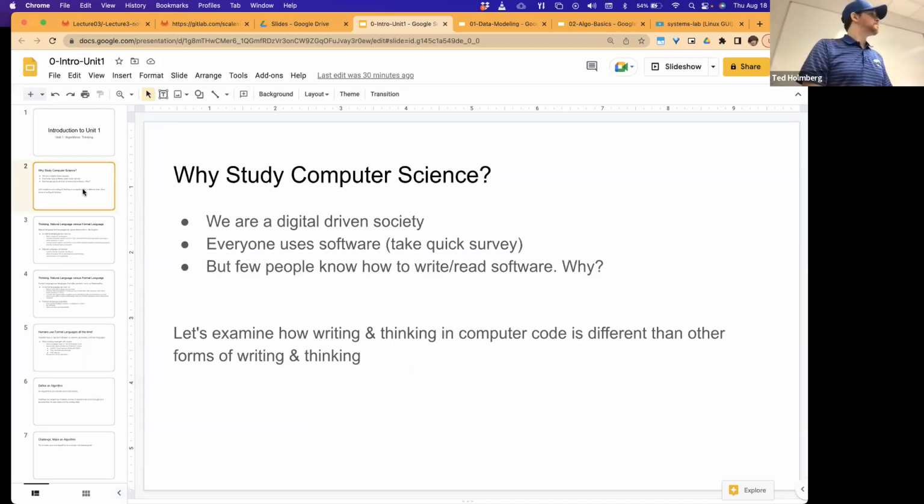Before we even get into how we can think algorithmically, let's motivate why you're even in this classroom today. Why study computer science? Well, let me give you some reasons why it's worth the effort to go through this program. We are a digitally driven society. What does that mean?